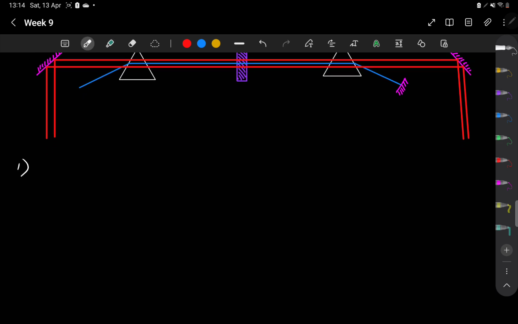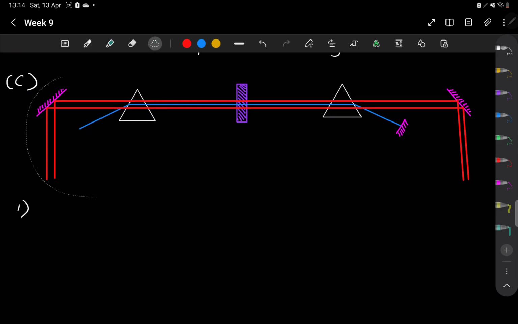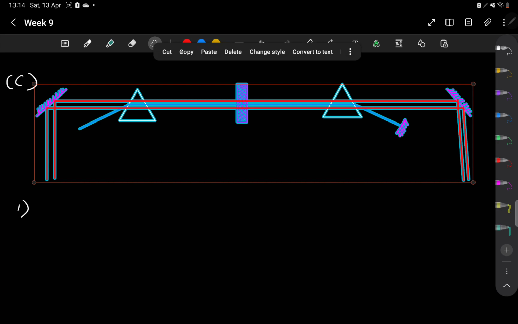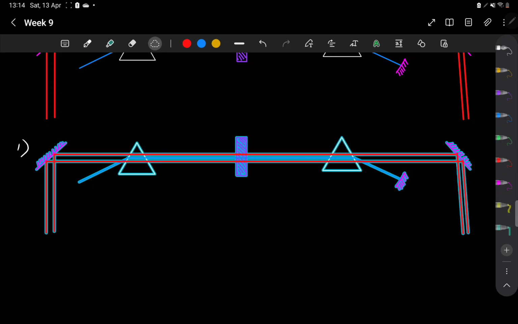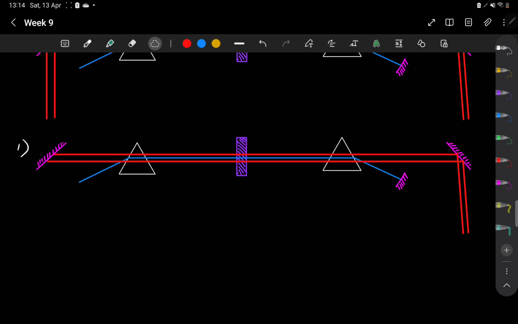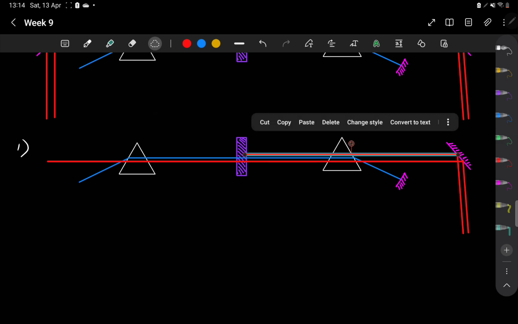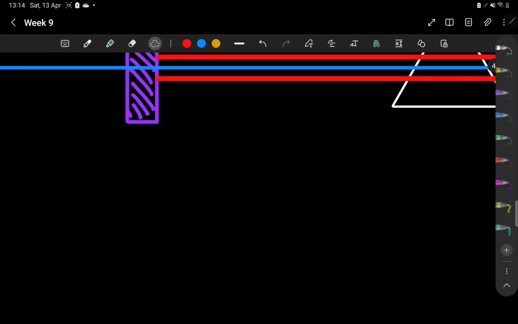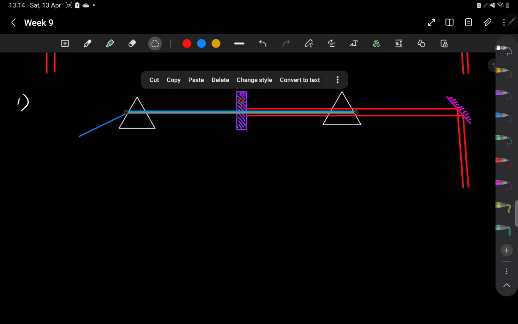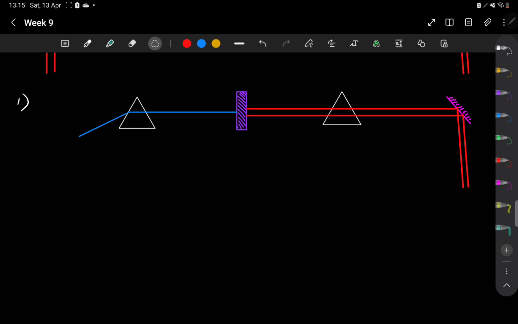So one alternative is going to be like this.